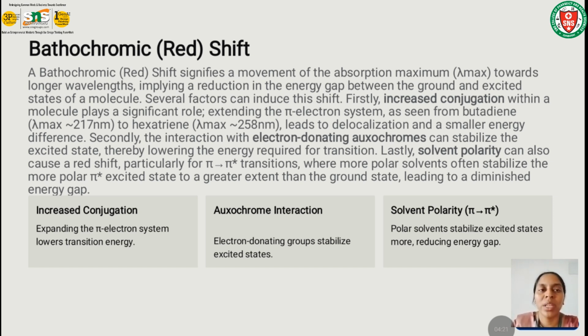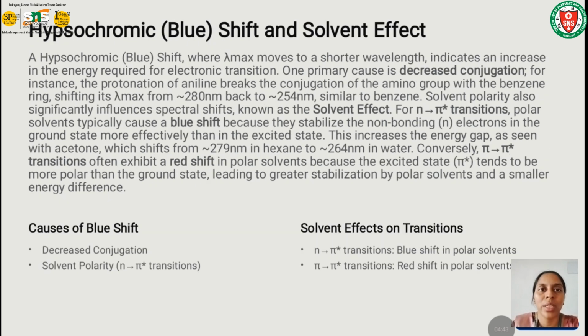So when we induce these kinds of changes to our compounds, then definitely they are going to absorb longer wavelengths. The increased conjugation, expanding the pi electron system, lowers the transition energy; auxochrome interaction, that is electron donating groups, stabilizes the excited states; and solvent polarity: polar solvents stabilize the excited states more, reducing the energy gaps.